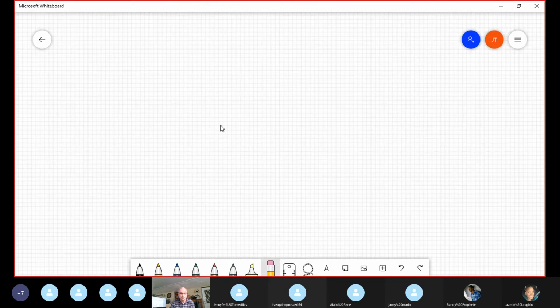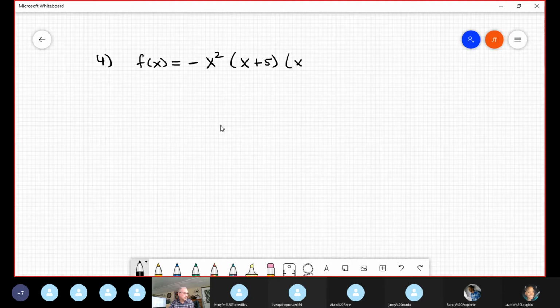Number 4 question is similar. Is f of x equal to minus x squared, parentheses x plus 5, x squared plus 1. And exactly the same, I need to find the y-intercept and the x-intercepts.